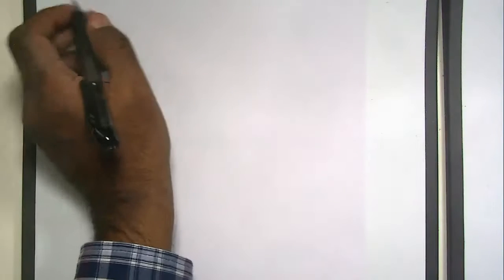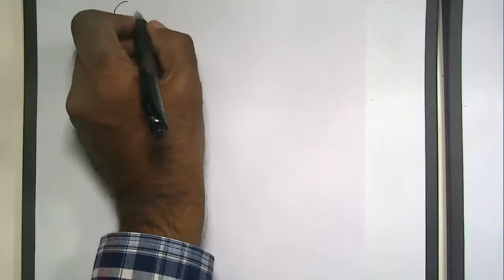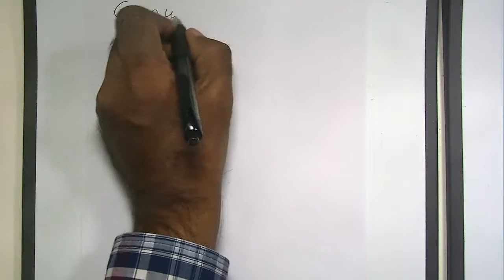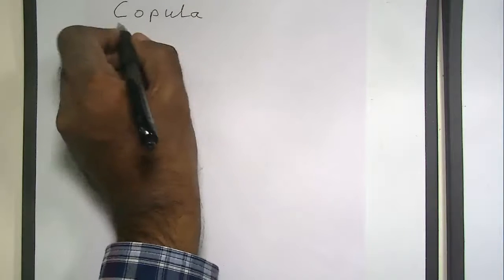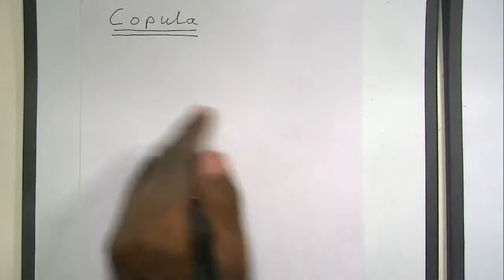All right. I want to start a new topic today, if you allow me. The topic I'm going to start today is called copula. This is a new topic for the course.